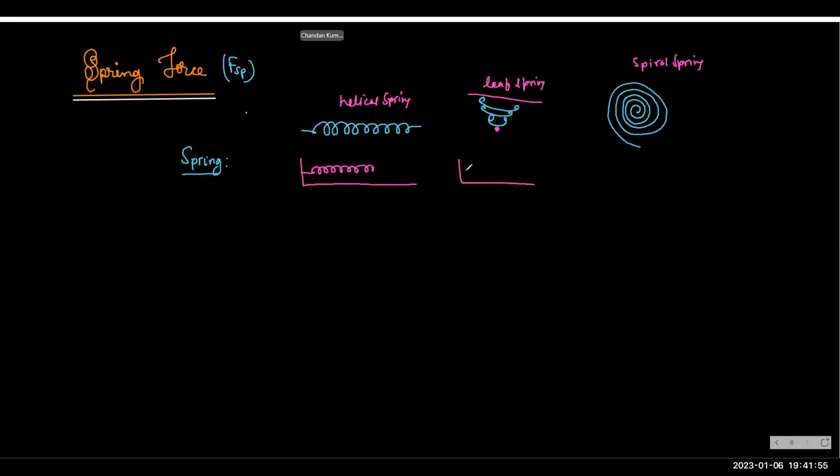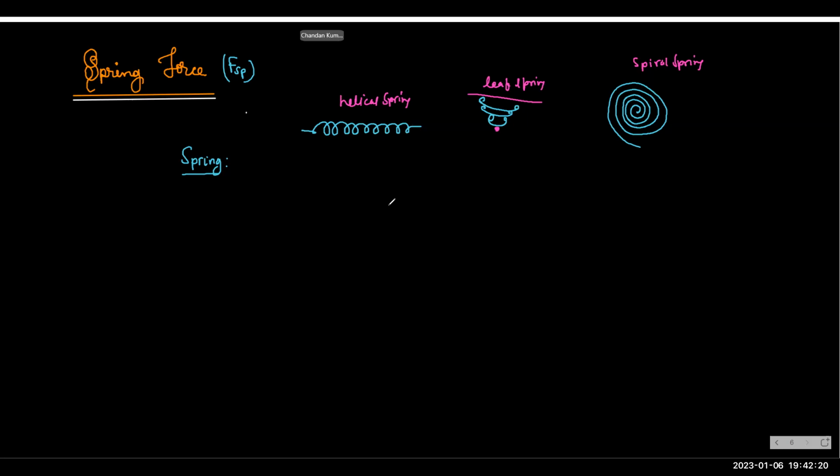Some textbooks will also use a zigzag kind of shape. But in all of this, what exactly is the spring? Is it the shape, or is it some other property which makes you a spring? So that is what we need to explore here, and that is why we are studying this particular topic.